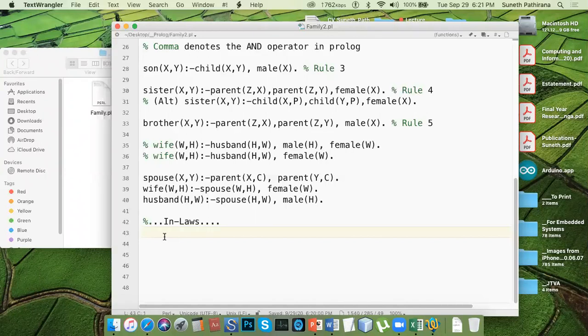So what is the condition to become an in-law? There should be three people. Let's say, in my case, I have a brother-in-law, meaning my wife's brother.